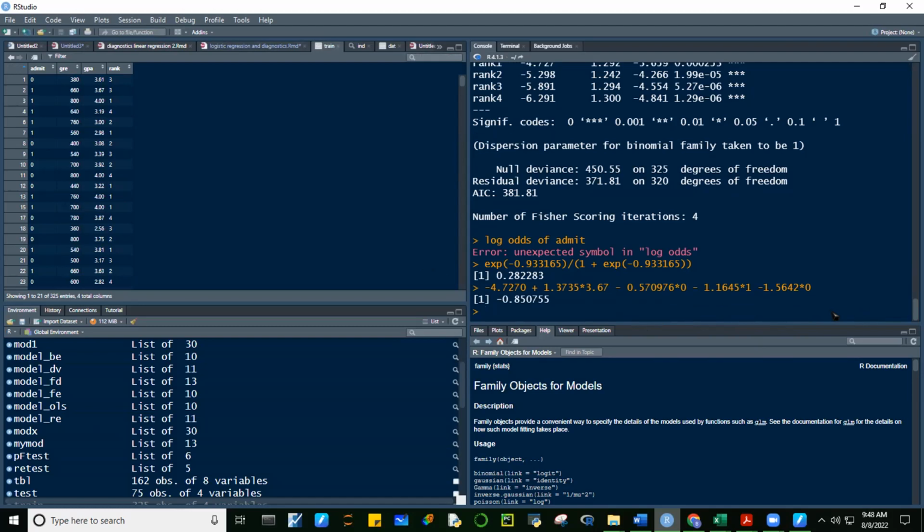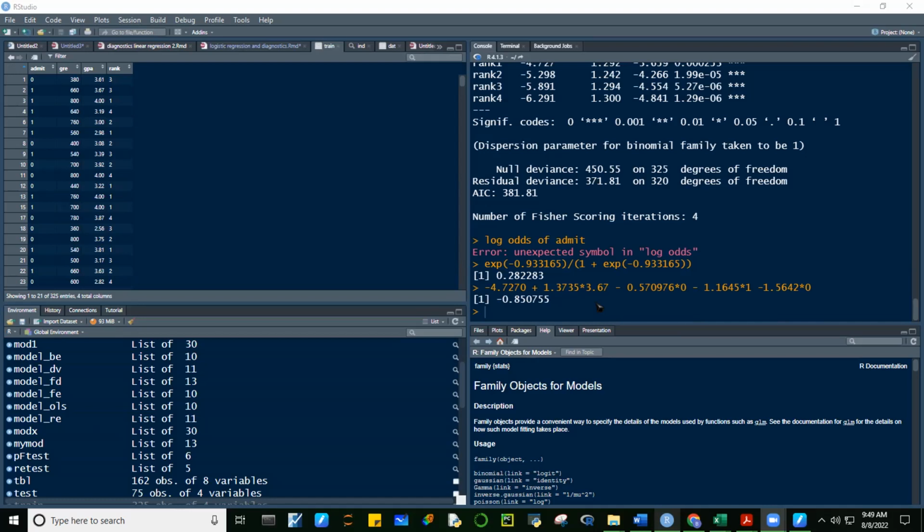Okay, sige nga. Class, paki-chat if you got the same. Kindly chat, please, if you got negative 0.85755, which is the log odds ratio for observation. We'll wait for your feedback.